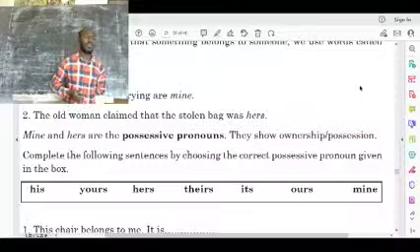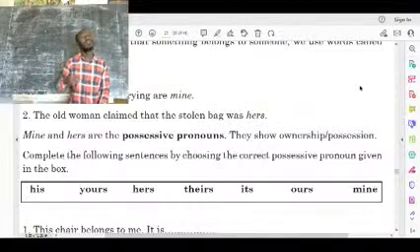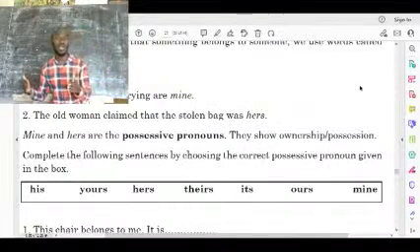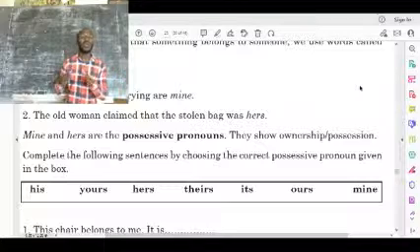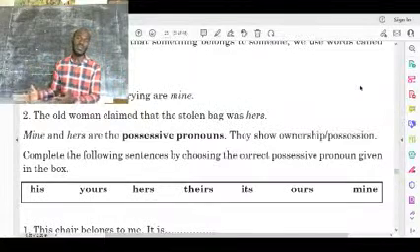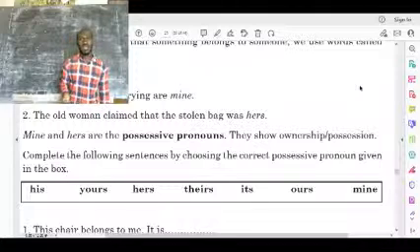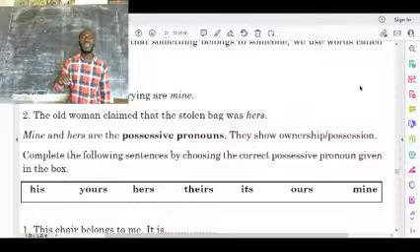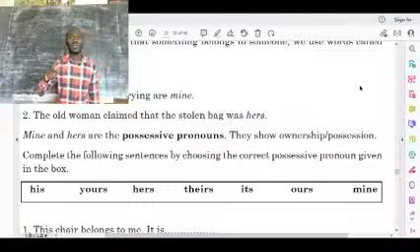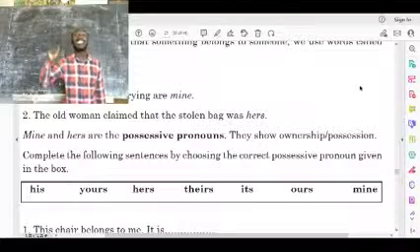We use the possessive pronoun his to show that something belongs to a person who is a man or who is a male. Now, for instance, you can say that he said that that book is his.